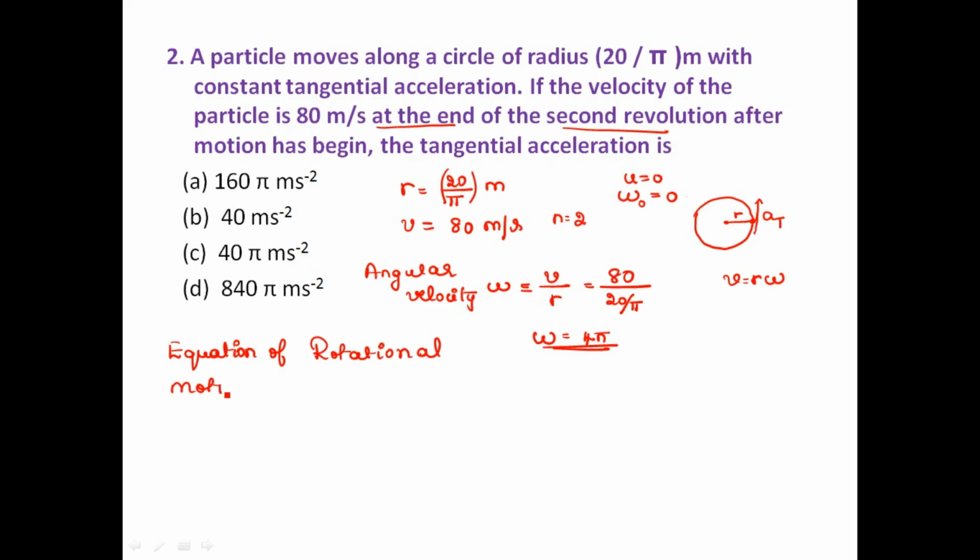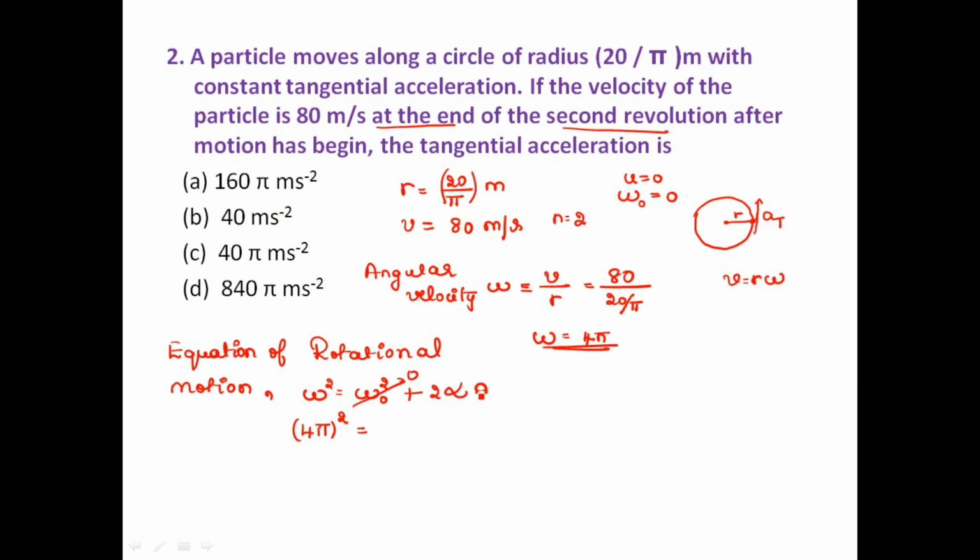Rotational motion gives us omega square is equal to omega naught square plus 2 alpha theta. Omega square is how much? It is 4 pi, right? It is 4 pi the whole square. Omega naught square, however, is 0 initially.